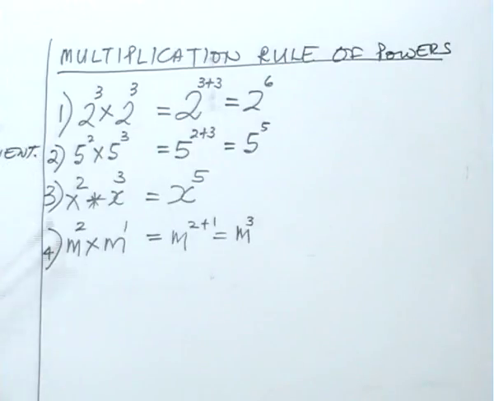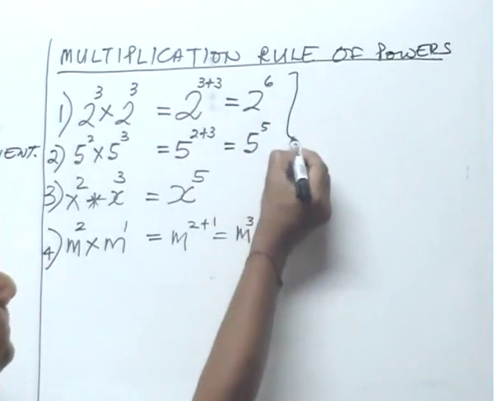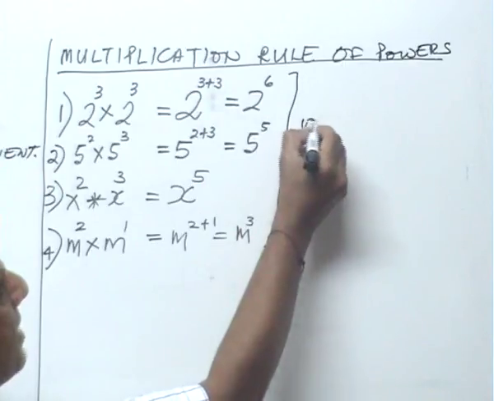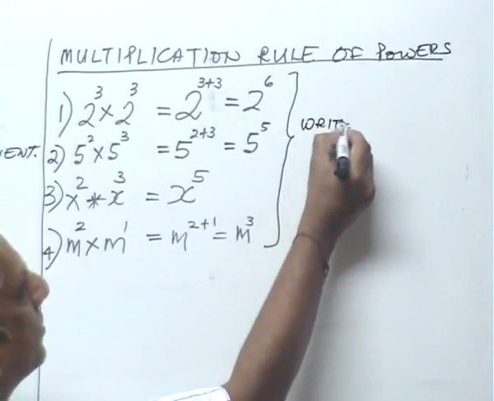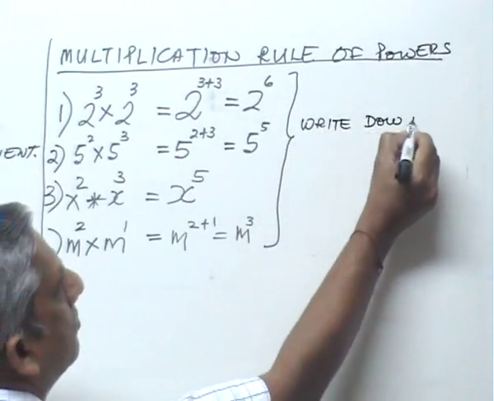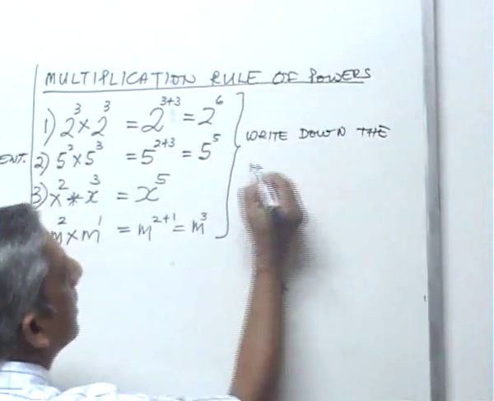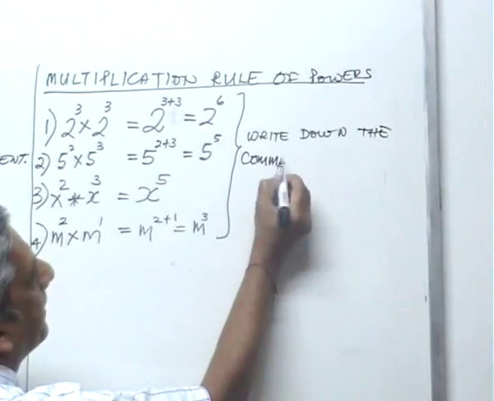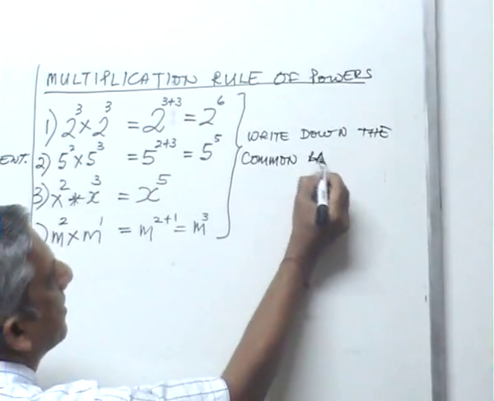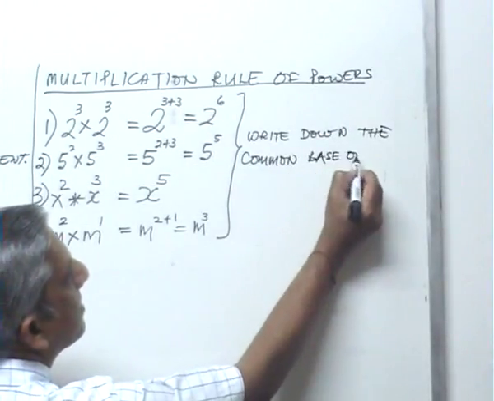So by studying these examples, we can now summarize the multiplication rule of powers. The multiplication rule of powers is: write down the common base once.